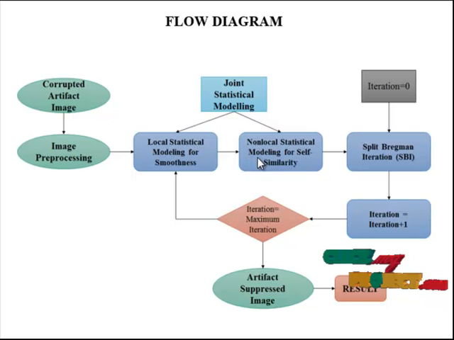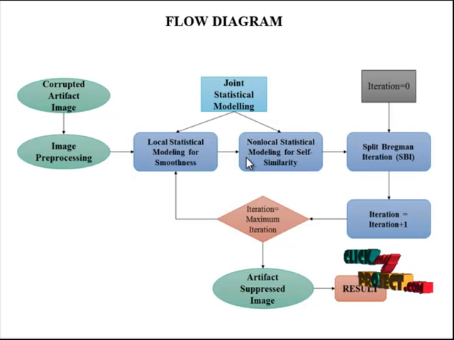Next, the non-local statistical modeling for self-similarity. In this, NLSM corresponds to the above non-local self-similarity prior and maintains image non-local consistency, retaining the sharpness and edges effectually. Estimate the error image between the input original image and the corrupted artifact image, then calculate the maximum peak value of error with the histogram operation.